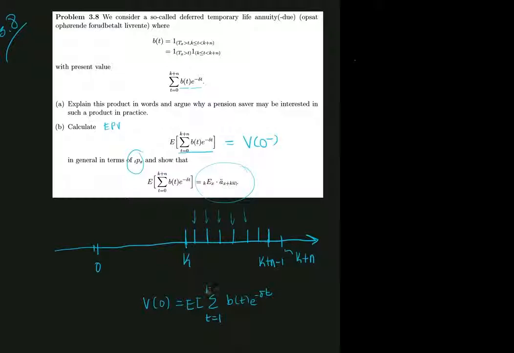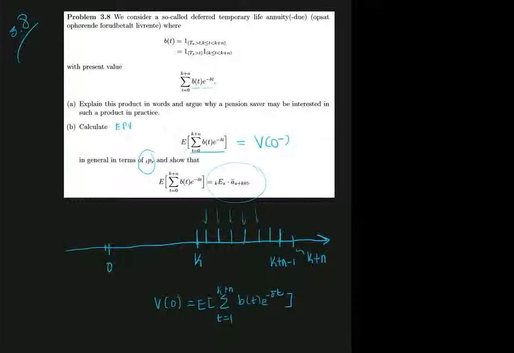So in that case, we would sum from time 1. But what we want here is to sum from time 0. And in order to include time 0 as a future benefit, what we will have to do is to use this notation V of 0 with a little minus just right in front.